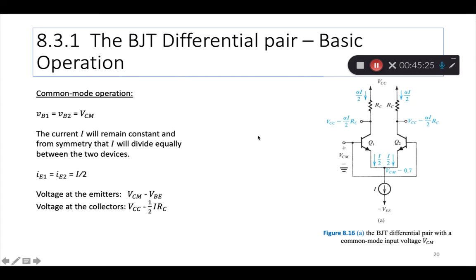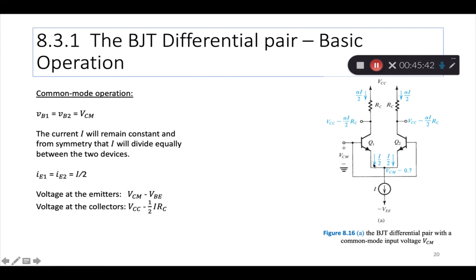Anyway, with that caveat, we can say that in common mode operation, you apply this signal and the current will divide equally between the two devices. The voltage at the emitters is VCM minus VBE, right?